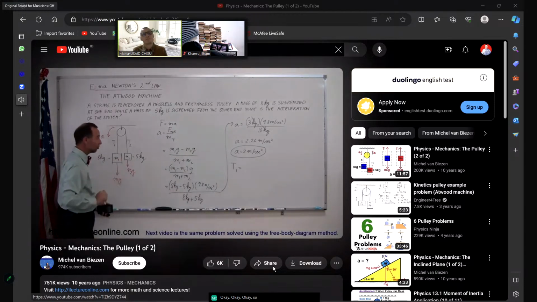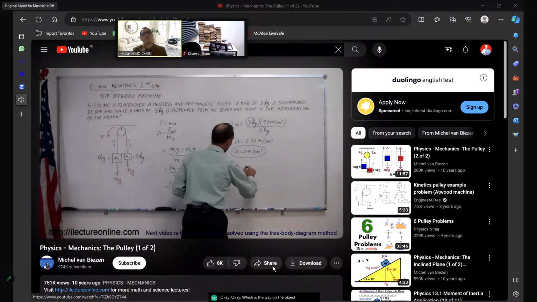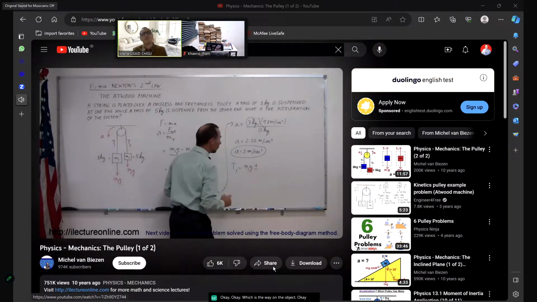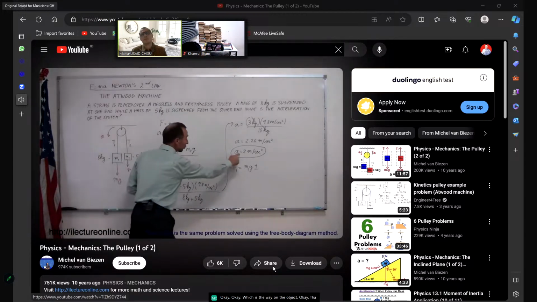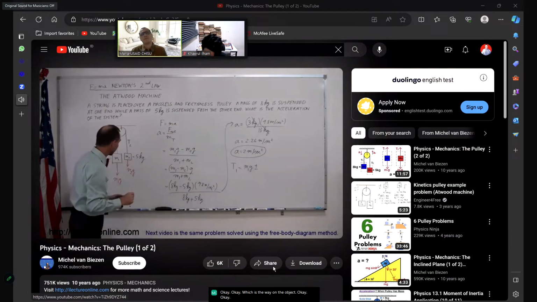Which is the way that the object ends with. So A equals to 2 or 2.26.